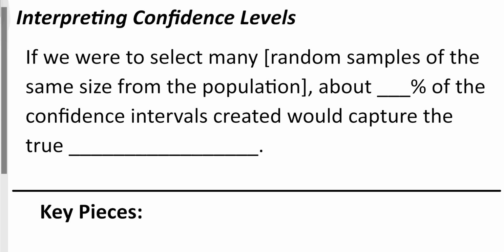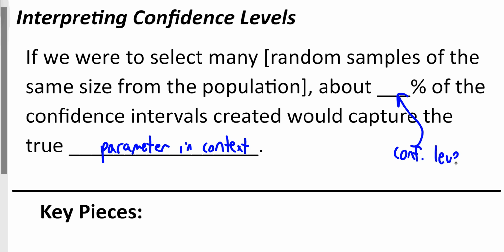We've talked about another way, but really that's the idea: the true parameter in context. And this would be your confidence level. Again, we'll use 95 a lot. Again, more context here for the specific problem.